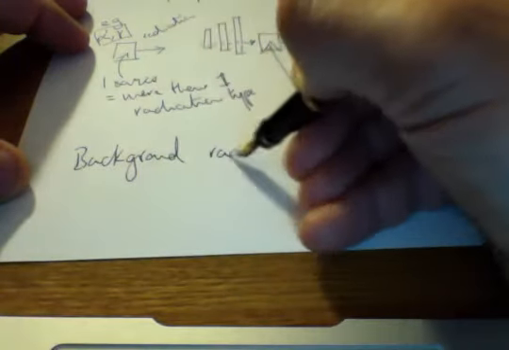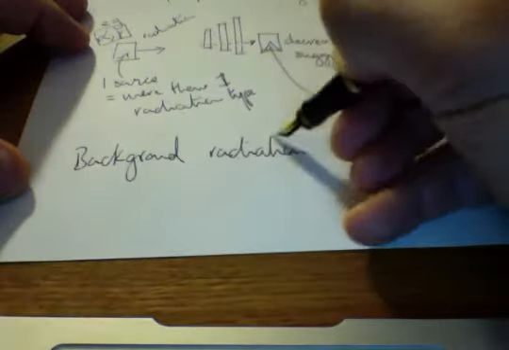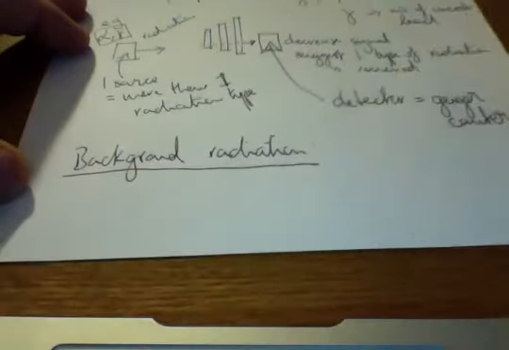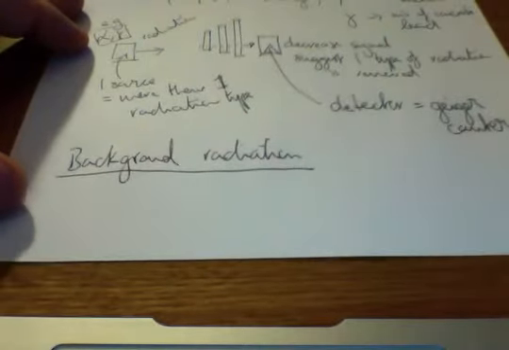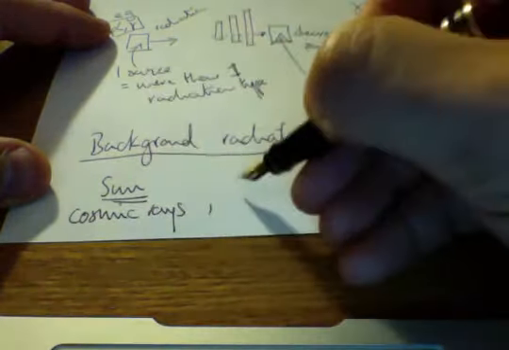Now, you might still be detecting something. So why would you still be detecting something? Well, you need to bear in mind that there is something called background radiation. This means it comes from natural sources all around us that we can't get rid of. Two very good examples of this are the sun, cosmic rays, and the rocks in the earth.